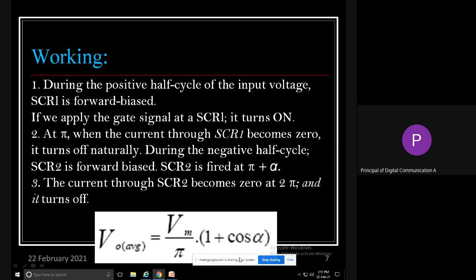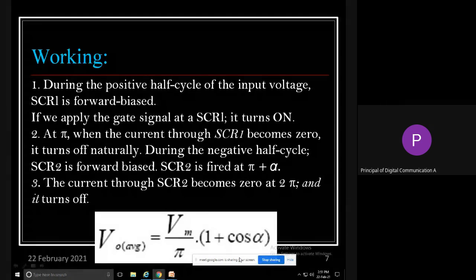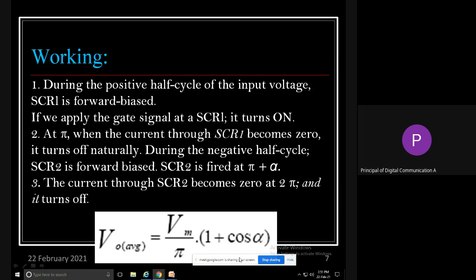In the same way, the sine of omega t is present for alpha to pi. Those values are taken, and the final expression comes: Vm by pi in bracket 1 plus cos alpha. With this we get the average output voltage, which will be a DC voltage from this center tapped controlled rectifier.